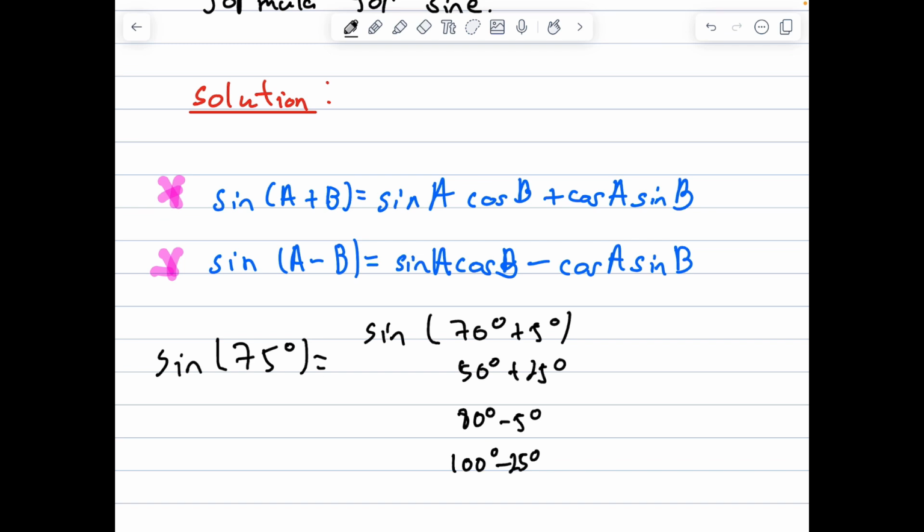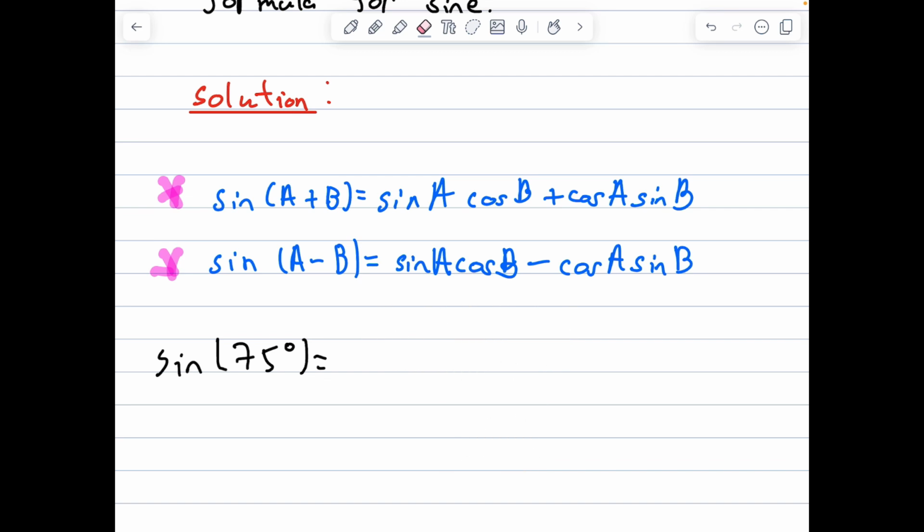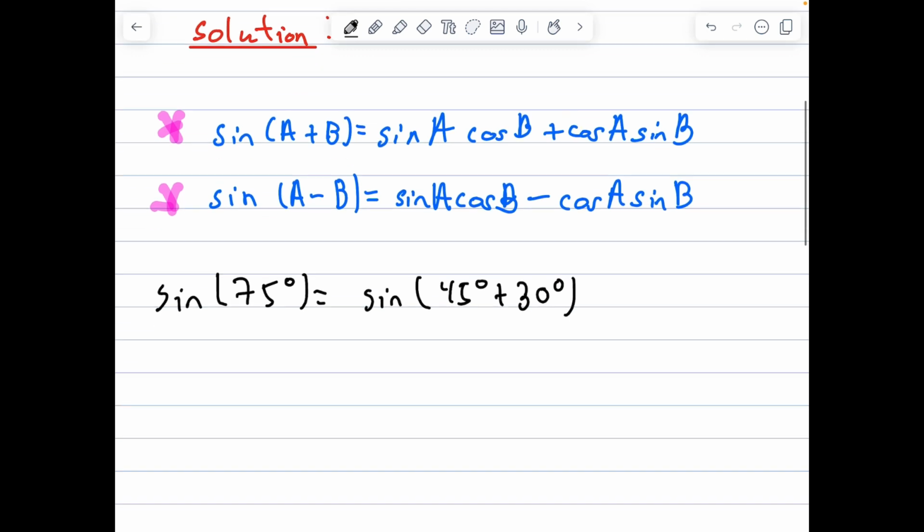However, what I want to do here is work with two angles for which we know their exact value on the unit circle. So there's like 30, 45, 60, 120, 135. That's what I'm speaking of here. So let's say 75 degrees, I can rewrite that as 45 degrees plus 30, or vice versa, 30 and 45, it really does not matter here.